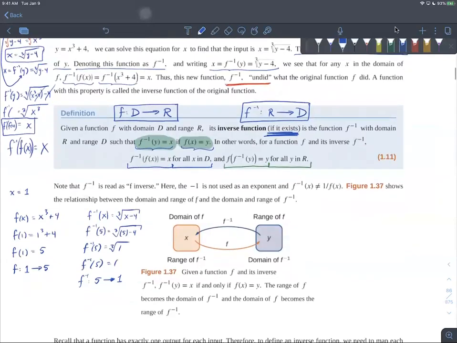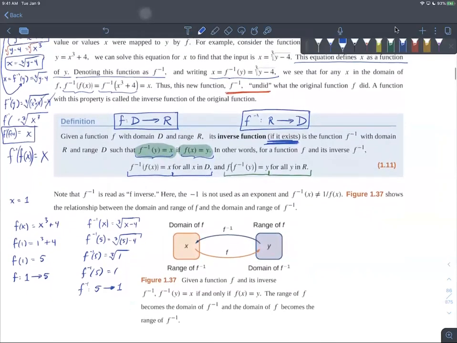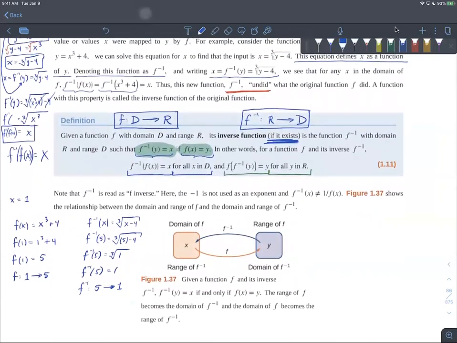All right, let's continue. Note that f inverse here is read as "f inverse." The -1 is not used as an exponent, and it's important to know that f inverse of x is not equal to the reciprocal.